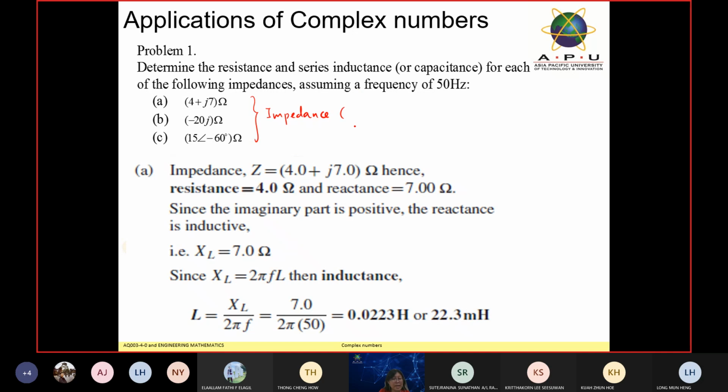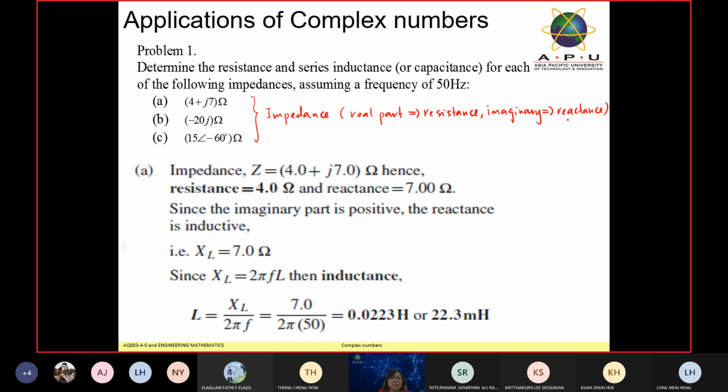And please take note, when we express them as complex numbers, the real part is referred to as the resistance, and the imaginary part represents the reactance. It's a combination of resistance and reactance.